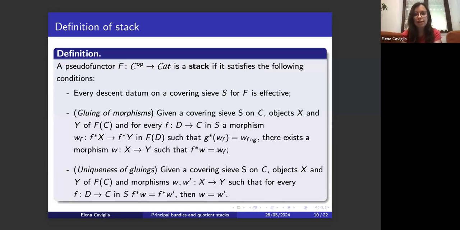So f star W is W_f for every f. And then this gluing needs to be unique in the sense that if we now have two morphisms, W and W prime, that agree locally, so f star W is equal to f star W prime for every f in the sieve, then they are equal. And these two conditions are exactly saying that F is a sheaf on morphisms.